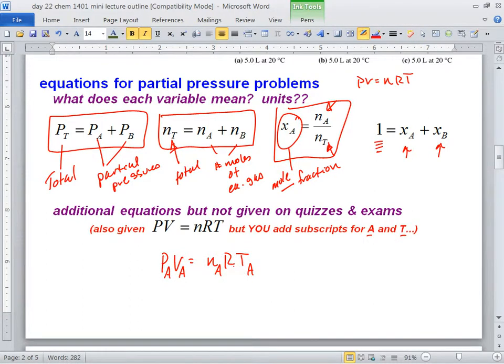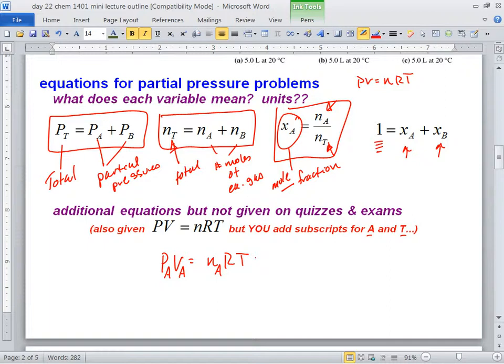Do you see anywhere else where it does not make sense to put a subscript A? Because all the gases in this container, it's the same for all of them. Do you see another one? Temperature. Yes, they all have the exact same temperature. One gas molecule is going to have a different temperature than the other one. Okay. Temperature is an average over them all.